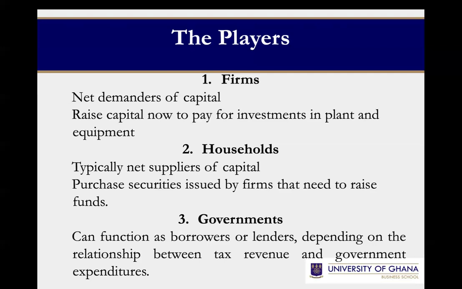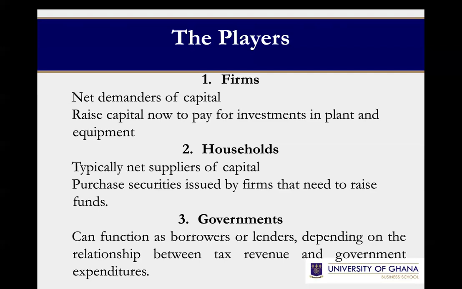And then government. Now, these can function as borrowers or lenders, depending on the relationship between tax revenue and government expenditure. But as we all have seen over the years, most governments globally actually run deficits, meaning that they become borrowers more of the time. And so that is where you can have government bonds, T-bills, etc., being issued by government seeking to raise money from the public.